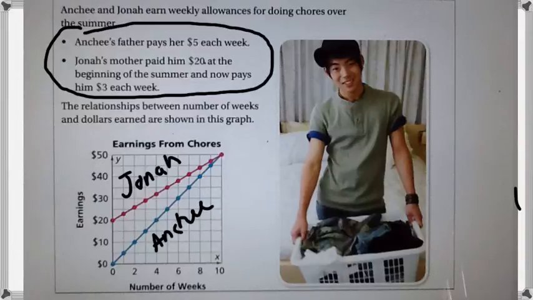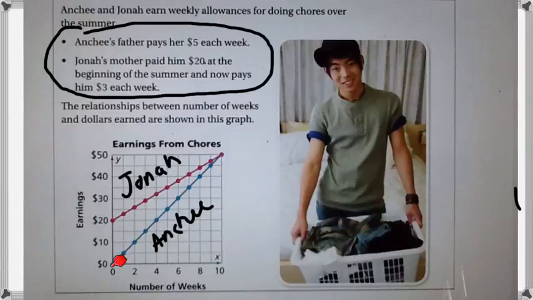First it asked me whose line is whose. Well, I know that it says Jonah's mother pays him $20 at the beginning of the summer, and this line starts at 20, and that's the y-intercept, so this is obviously Jonah's, and this is obviously Inchi's.